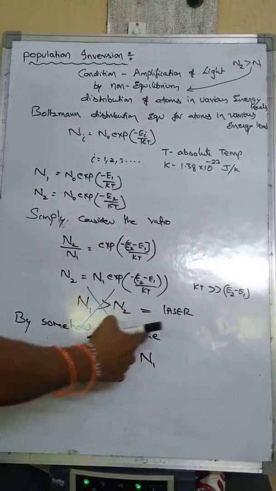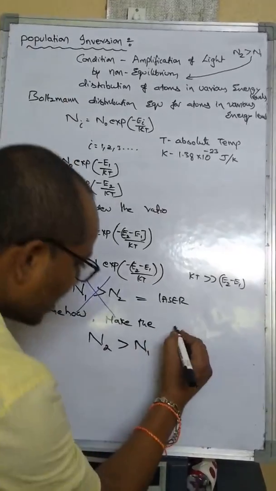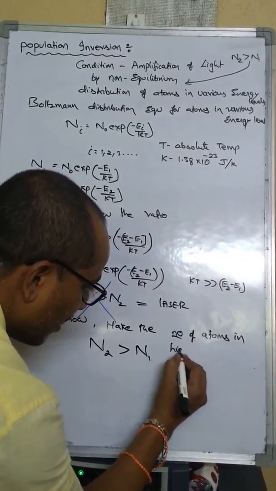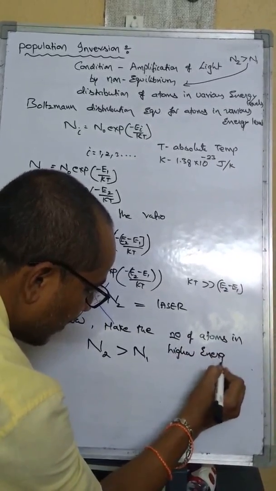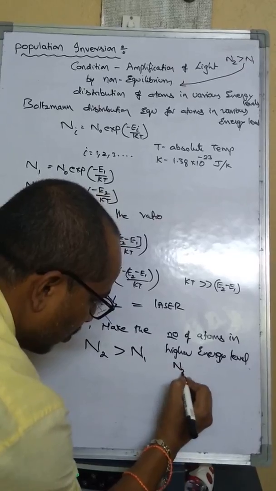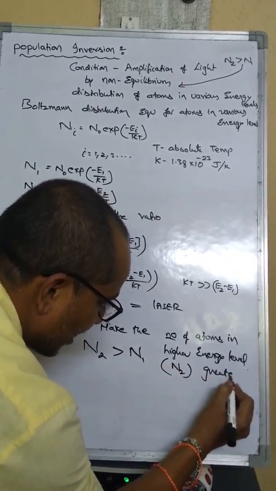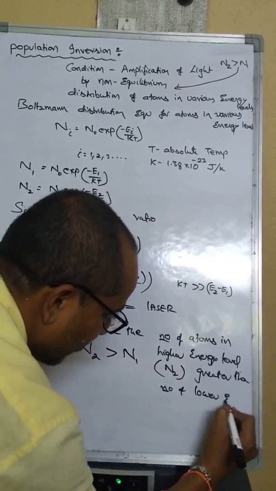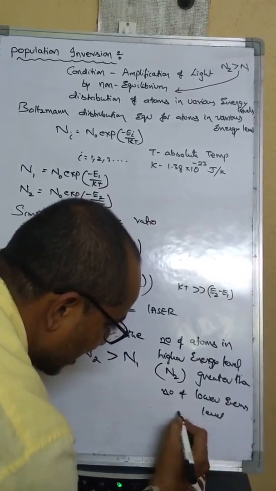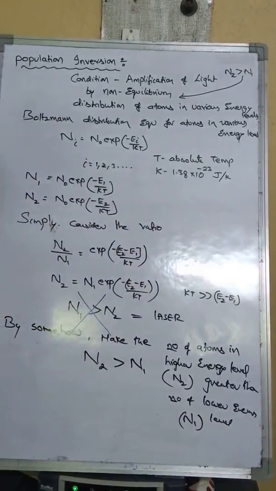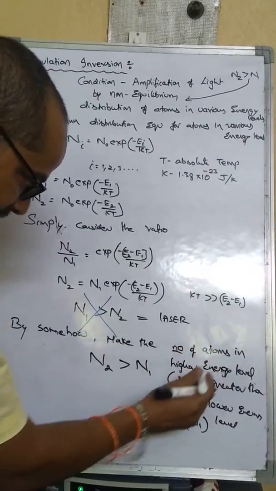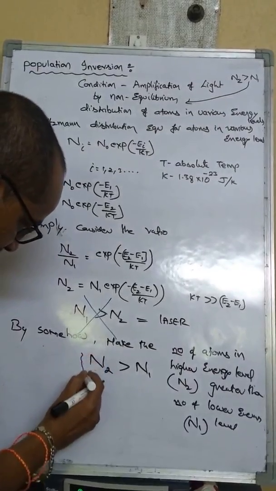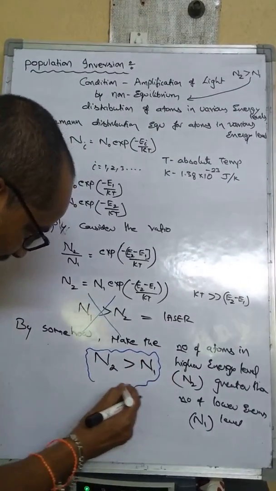Making the number of atoms in the higher energy level greater than the number of atoms in the lower energy level is known as population inversion.